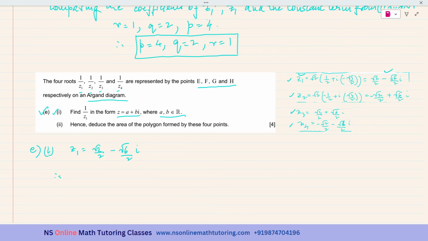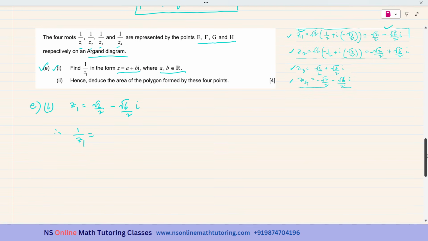So therefore, 1 over z1 will be equal to 1 over root 2 over 2 minus root 6 over 2i.